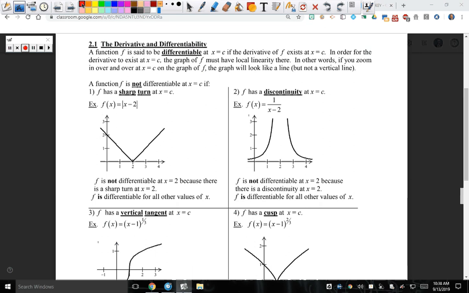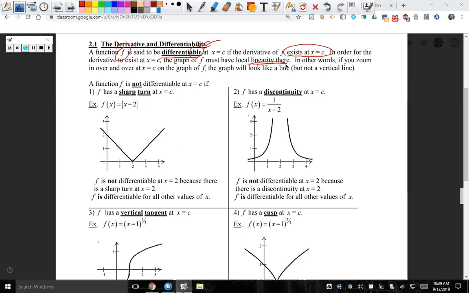The derivative and differentiability. A function f is said to be differentiable, it's able to be differentiated, I'm able to take its derivative, aka it's able to be rate of changed at x equals c, if the derivative exists at x equals c. In order for the derivative to exist, the graph must have local linearity.